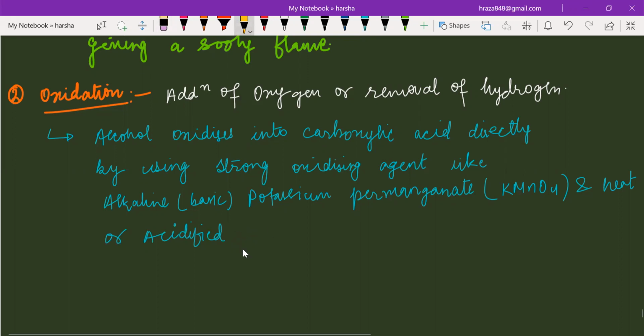Acidified K2Cr2O7 and heat. First write it. And its name is potassium dichromate.